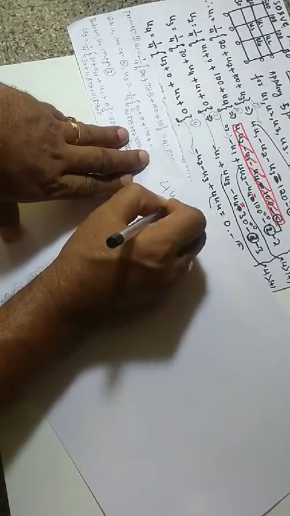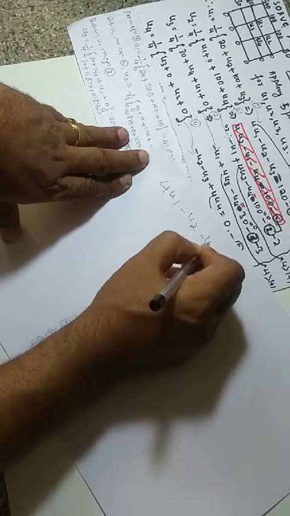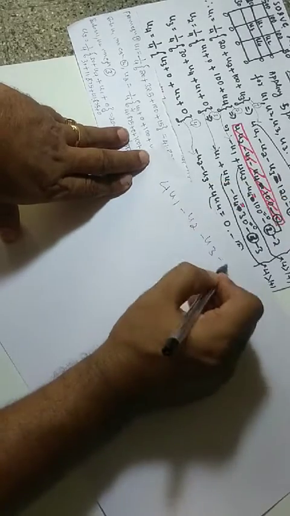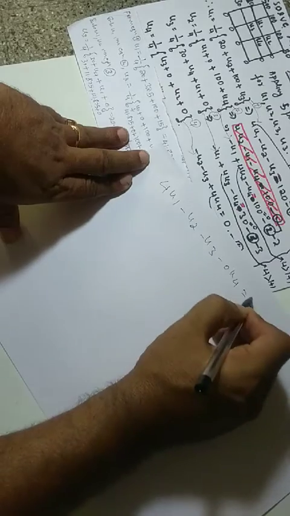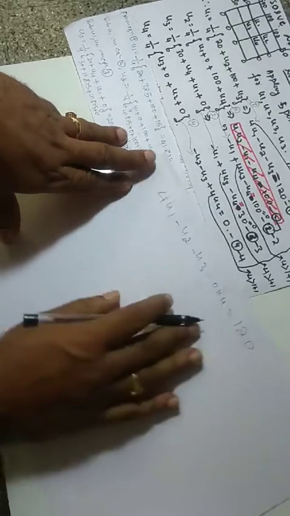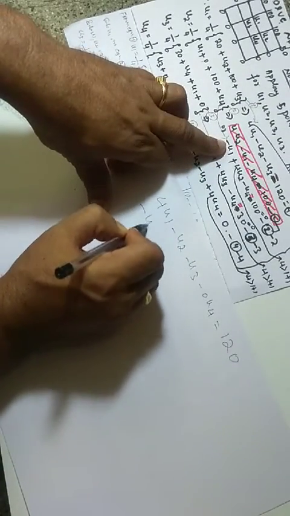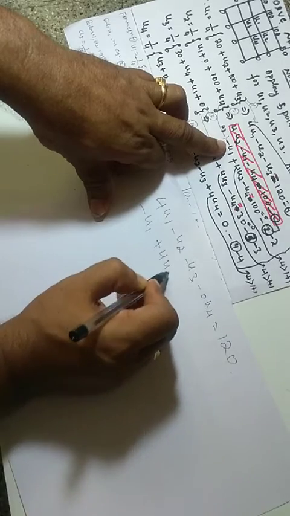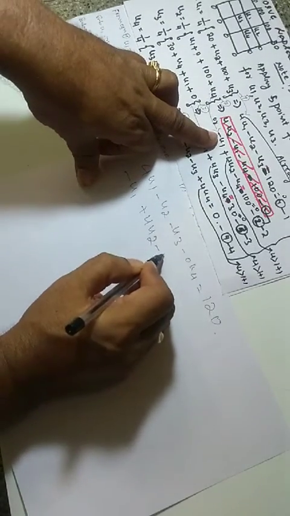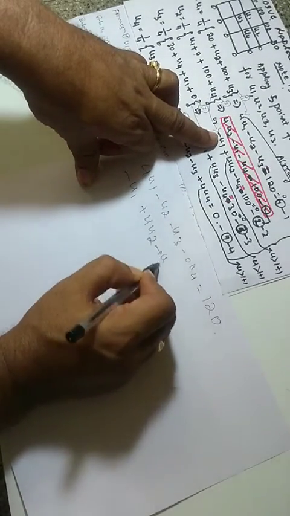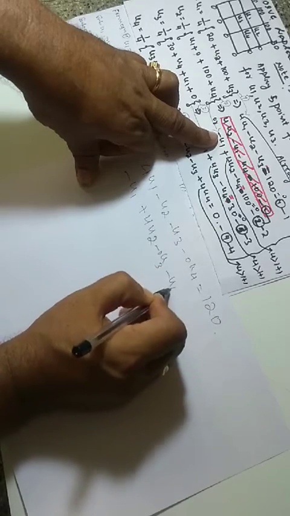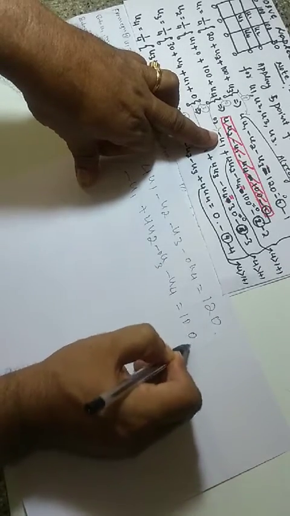Observe 4u1 minus u2 minus u3. u4 is not here, so therefore 0 u4, that is equal to 120. Now what is the second equation? Minus u1 plus 4u2, minus u3 is not here, therefore 0 u3, minus u4, that is equal to 100.